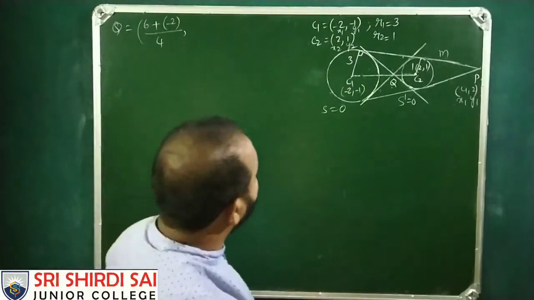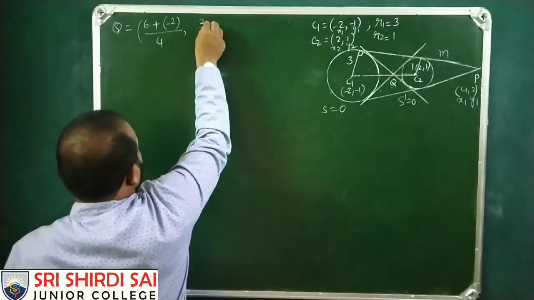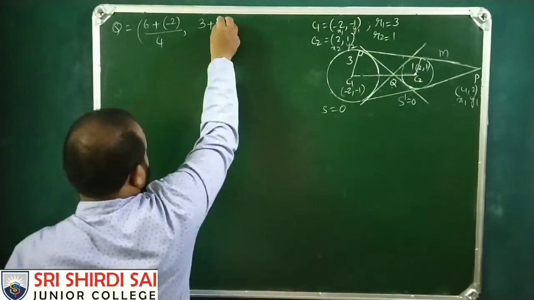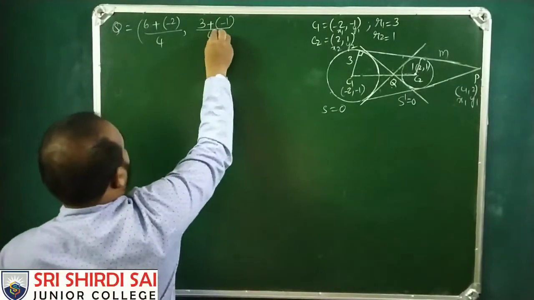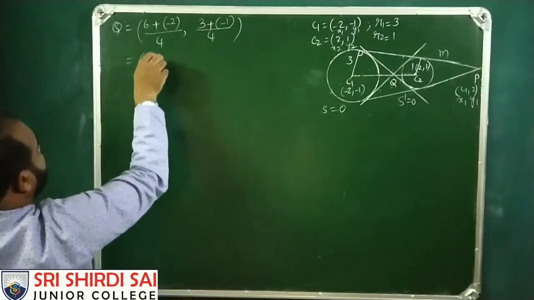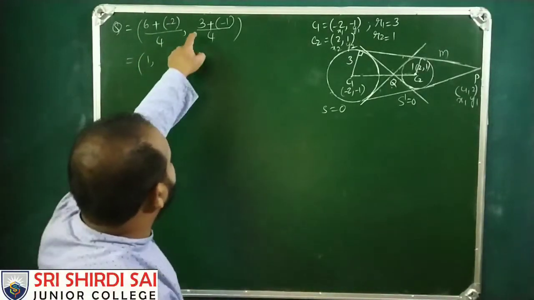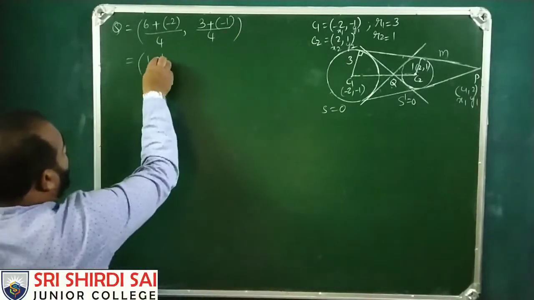Again (R1y2 plus R2y1) by (R1 plus R2): 3 into 1, 3, plus 1 into minus 1, minus 1, by 3 plus 1, 4. That is equal to (6 minus 2, 4 by 4, 1), comma, (3 minus 1, 2 by 4, which is 1 by 2).